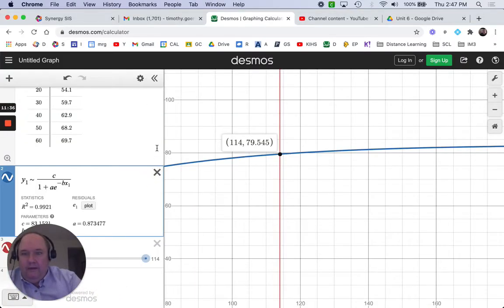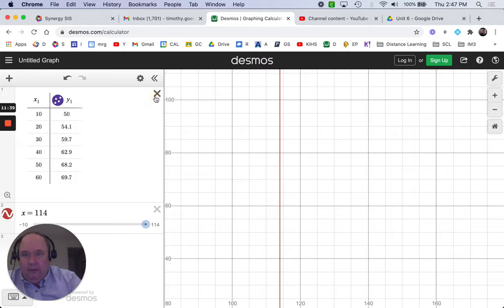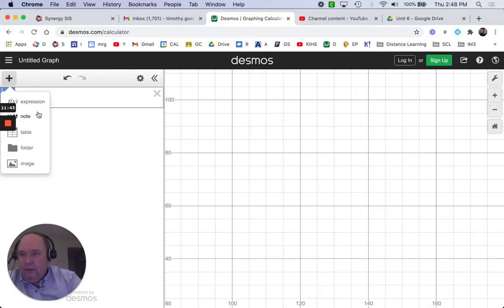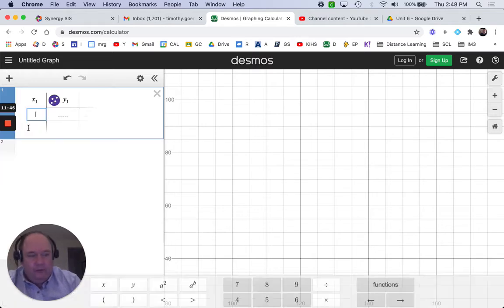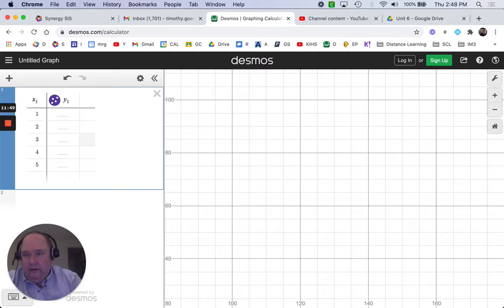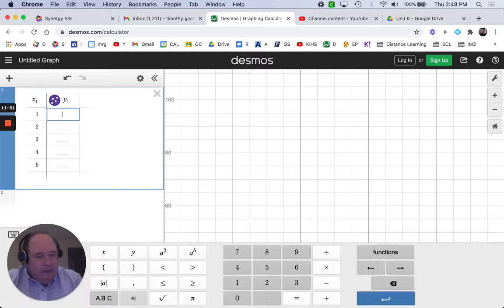We're going to, again, delete what we did before. We're going to create a table. We're going to fill in the table. So 1, 2, 3, 4, 5. And then the fox population went 87 to 116 to 131 to 145 to 154.